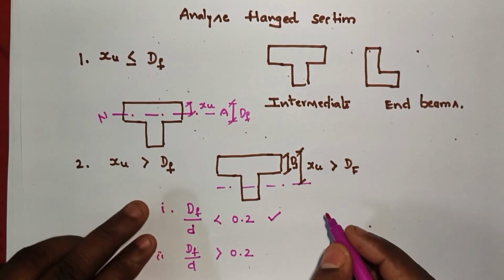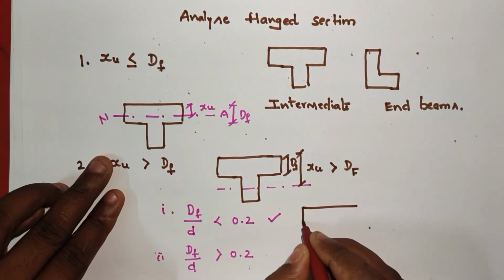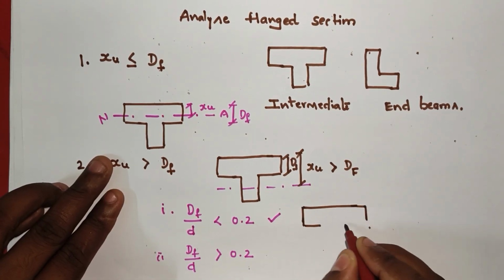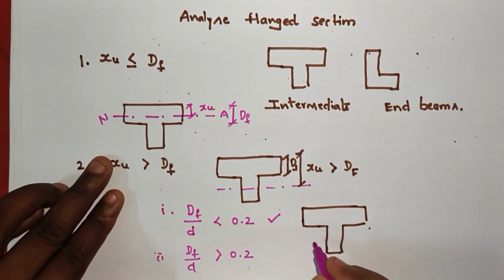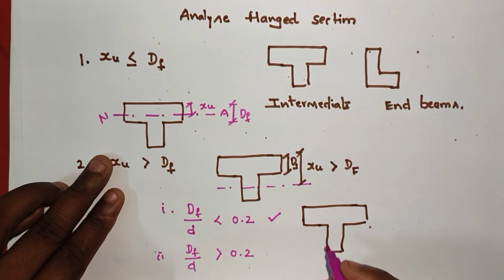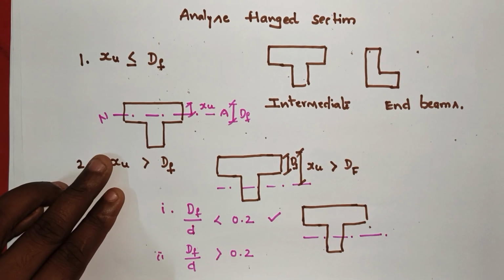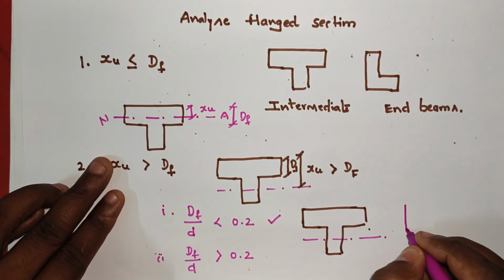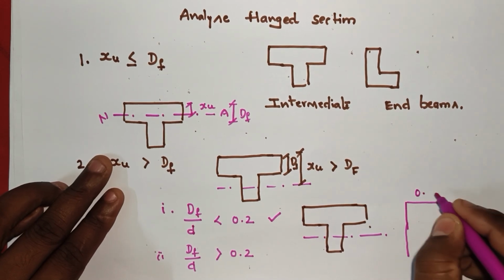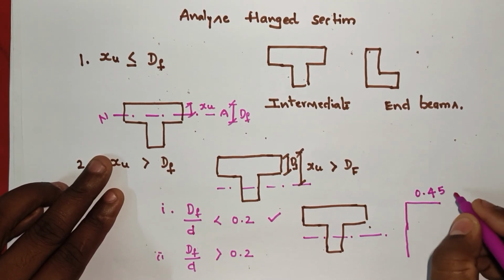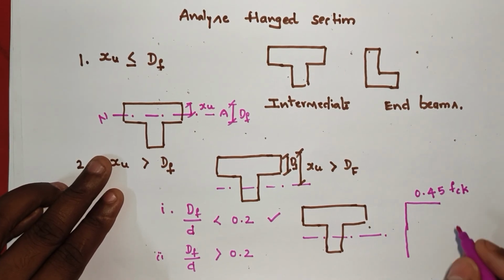It means that suppose, as I said, if it is the T section, the depth of neutral axis is somewhere here, but this outermost fiber will be having the compression of 0.45 FCK.